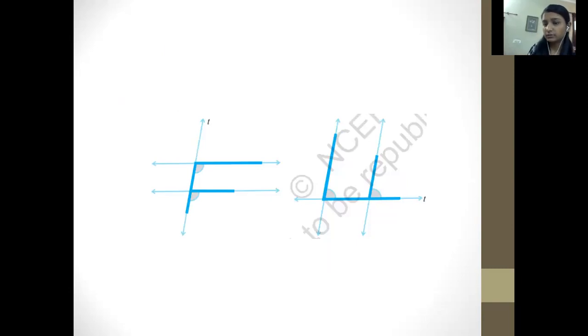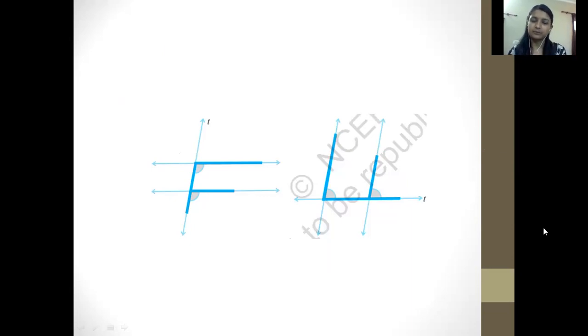So students, what are you observing from this image? We have done the transversals. We have done the angles which are formed. What do you think? What are these pictures depicting? There are some highlighted lines which you can observe here. But we can give a name to them if we have to.